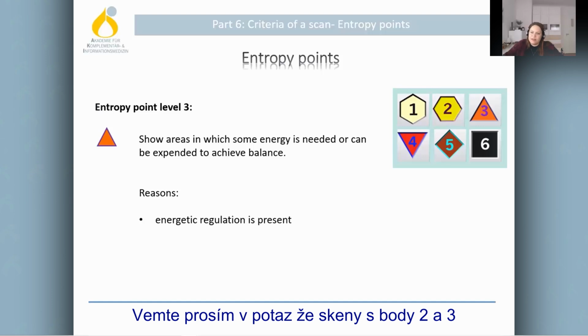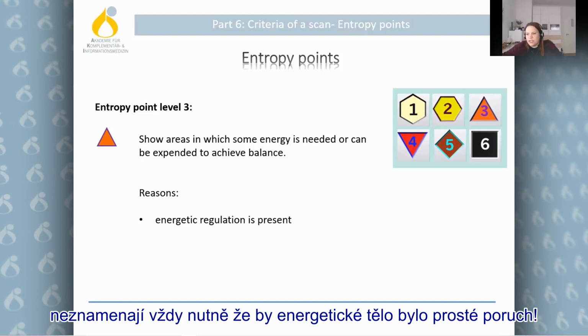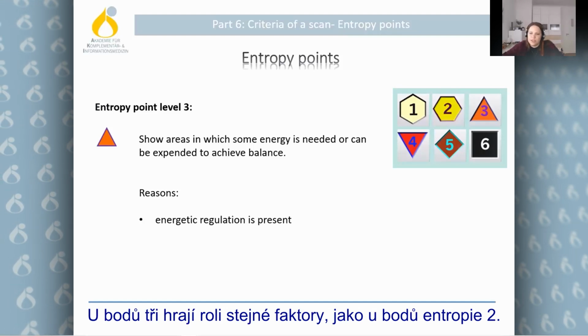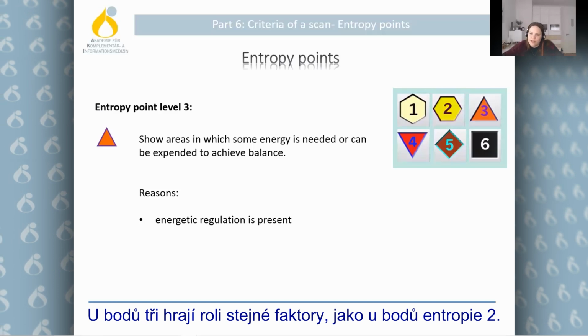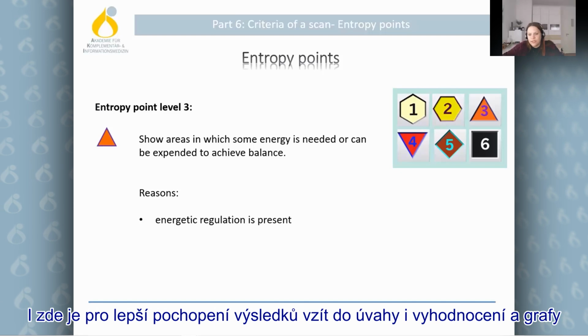But please note that scan images with 2s and 3s do not always have to mean that the energetic body is free of disturbance. With 3, there are also the same reaction display difficulties as with entropy point 2. But also here, the evaluation and curve graphics can be used to gain a more comprehensive interpretation.